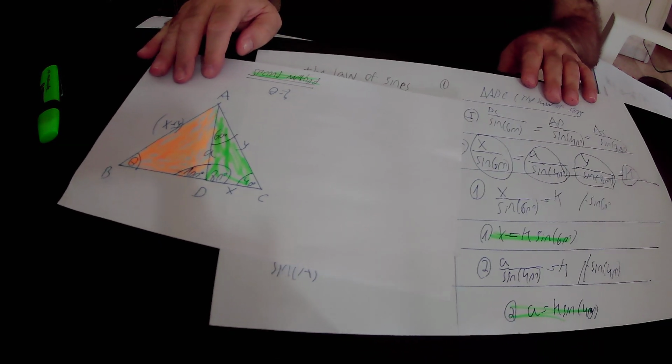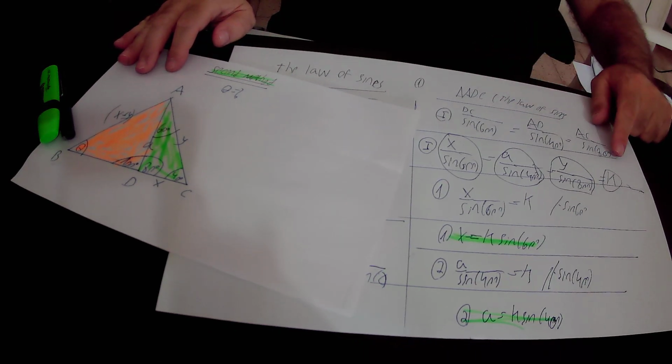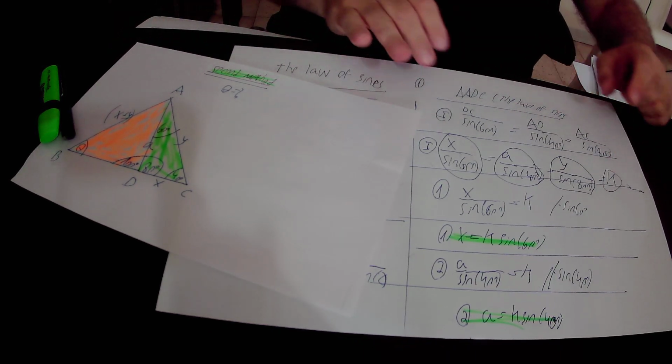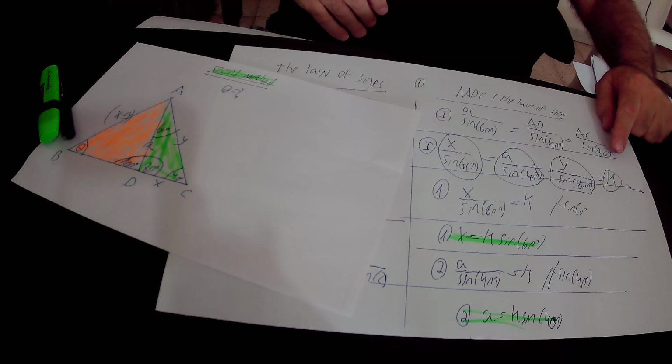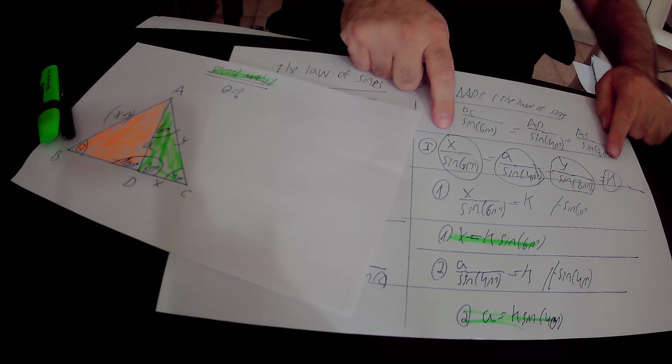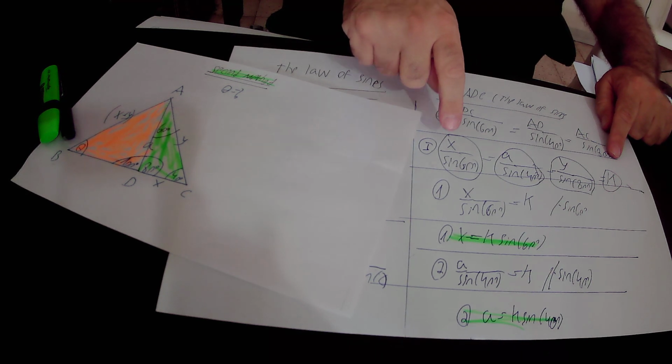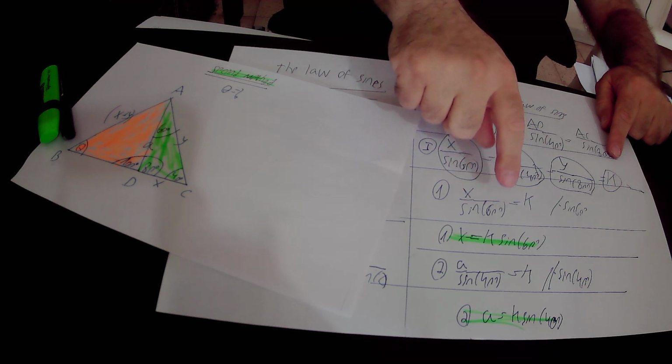So we got this expression. Those expressions are equal to each other, so we can define the value of those three expressions as k. Then we derive the first equation from this long equation: x over sine 60 degrees equals k. We multiply by sine 60 degrees and find that x equals k times sine 60 degrees.